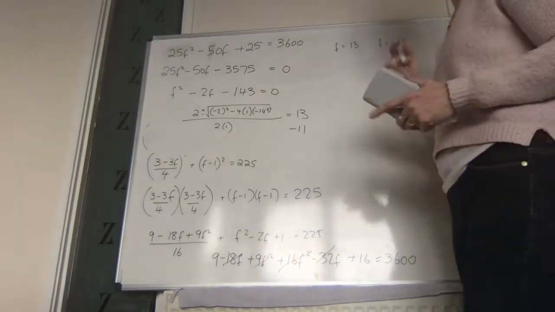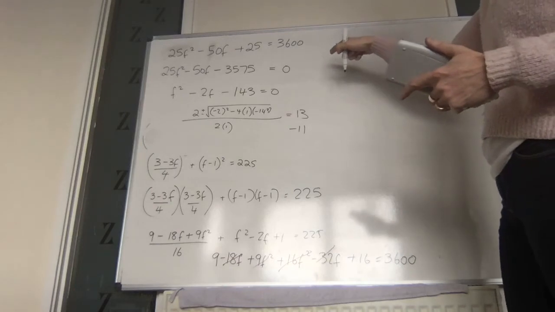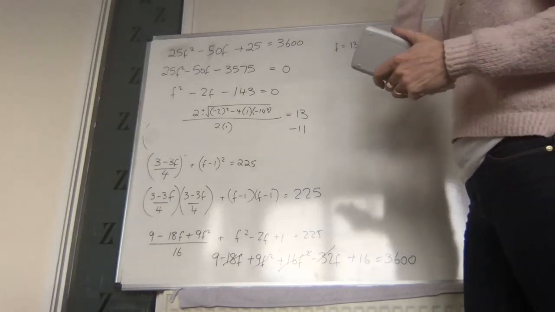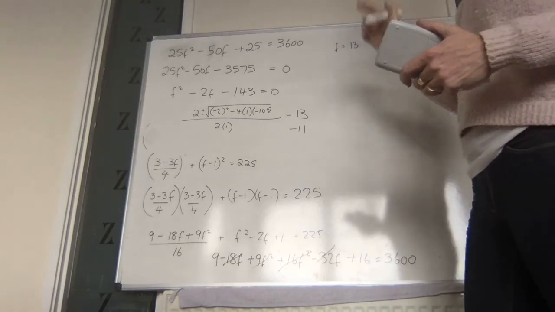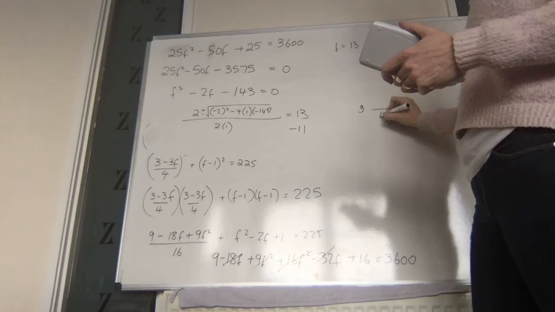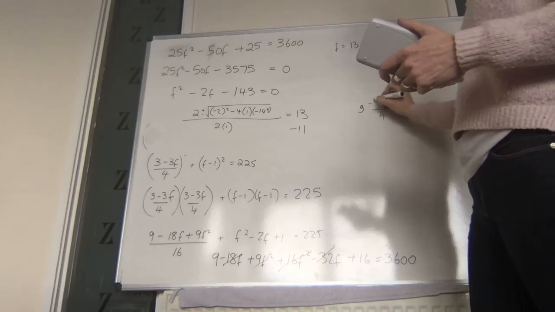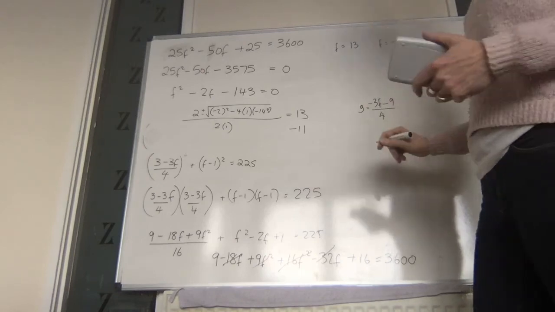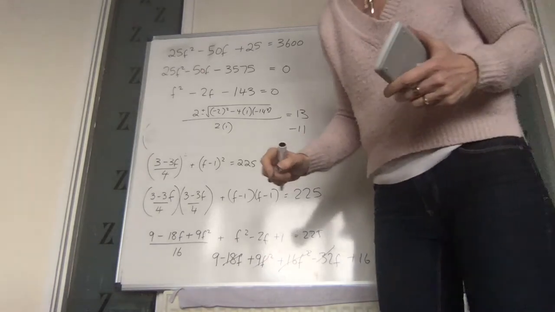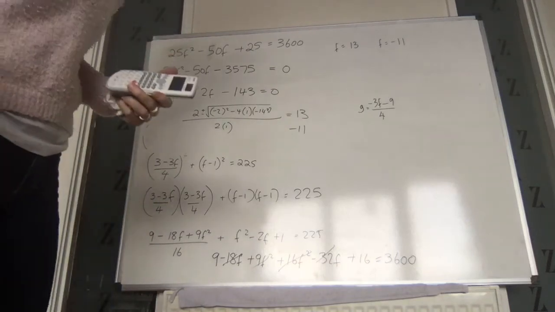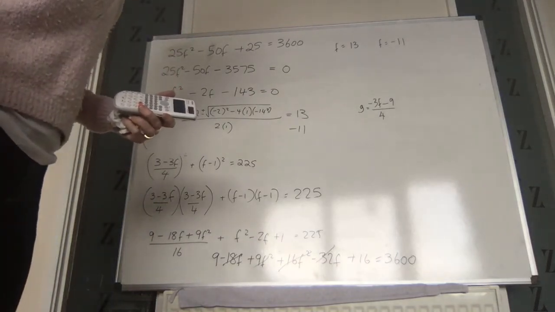We do get two circles. Now, what was our relationship between f and g? Oh dear, I've taken that out. Let me just check the equation again. They were on the line 4x plus 3y minus 9 equals 0.